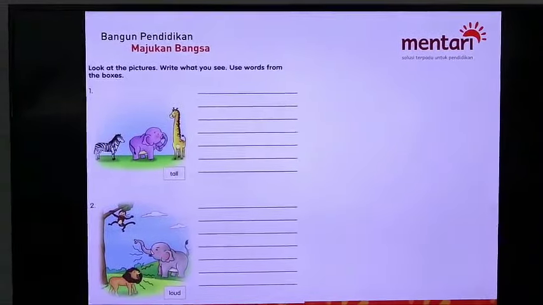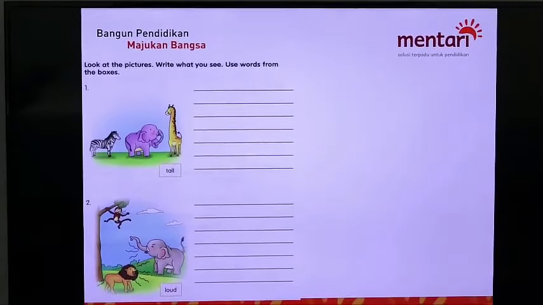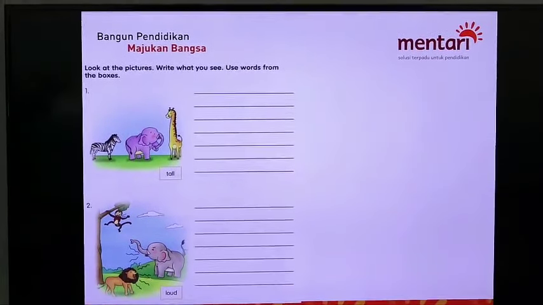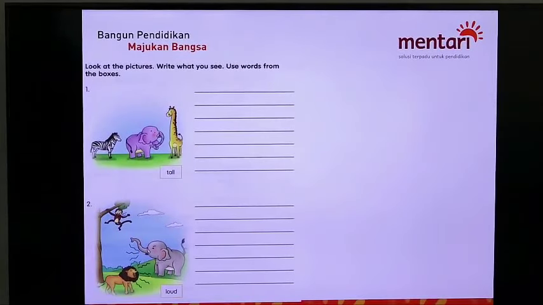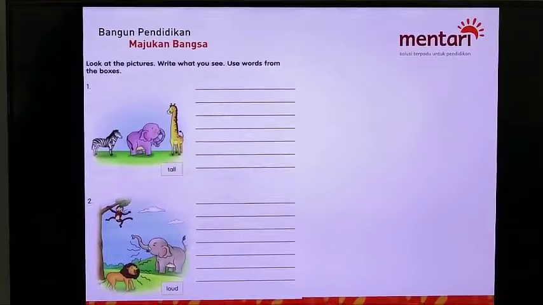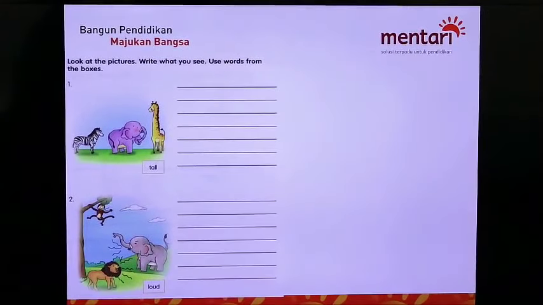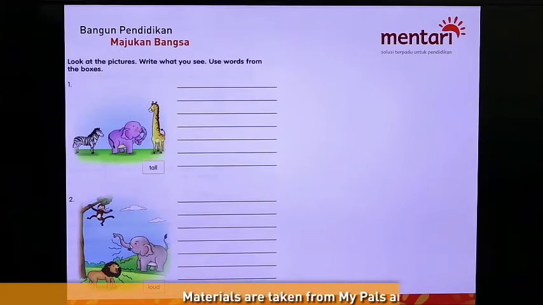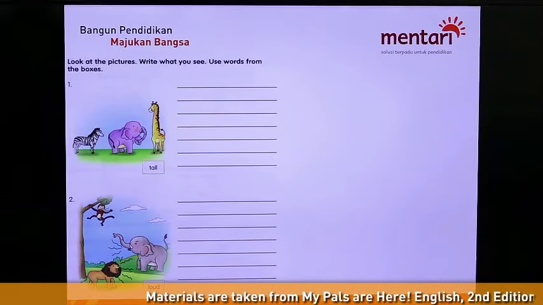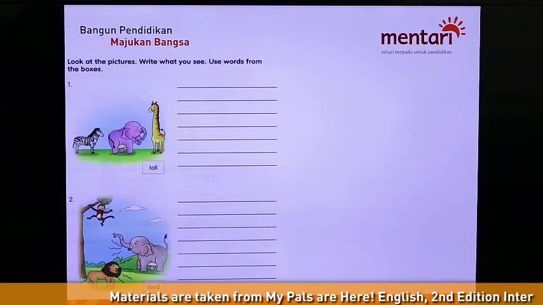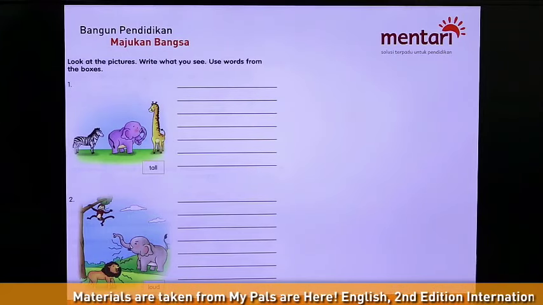For number one, the adjective is tall. There will be three animals over there, number one, number two, and so on. I want you to finish in only 2 minutes because everything has already been delivered. So hopefully this is going to be a fast exercise. Your 2 minutes starts from now.